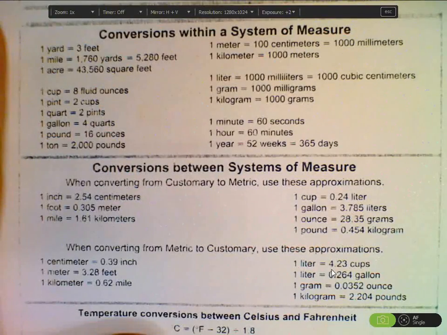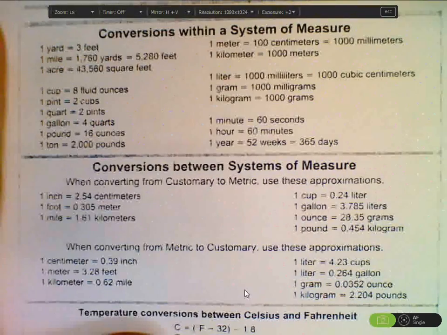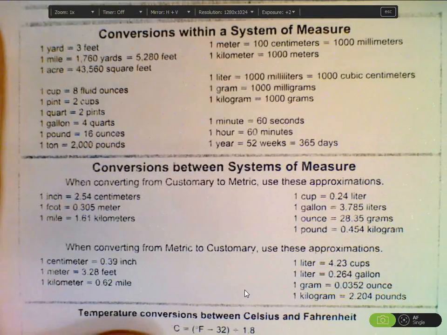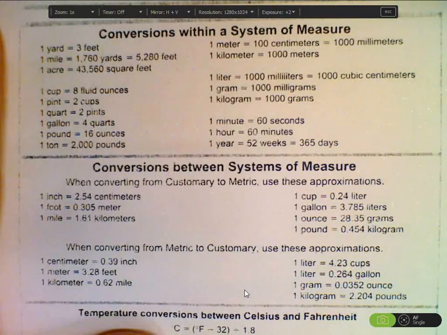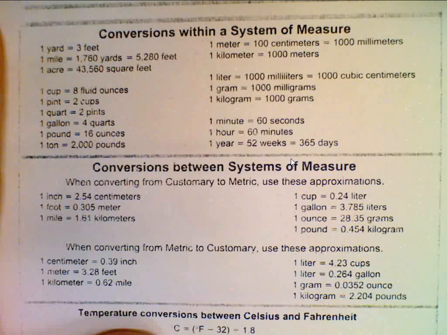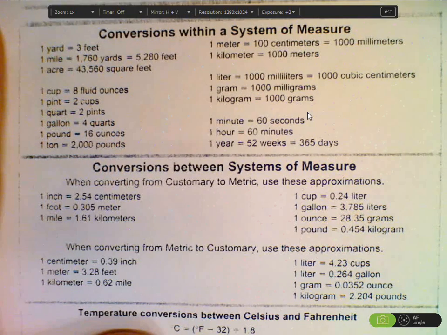Like 1 liter, it might not matter much, but maybe 100 liters it would. And it'll definitely show up as a difference when you're rounding to the nearest hundredth, so use the correct ones on homework. Definitely use the correct ones on FCAT. There will be some differences that show up there. The differences are small when we're dealing with a small amount of units, but it gets larger the more units we use. So make sure you're using that.